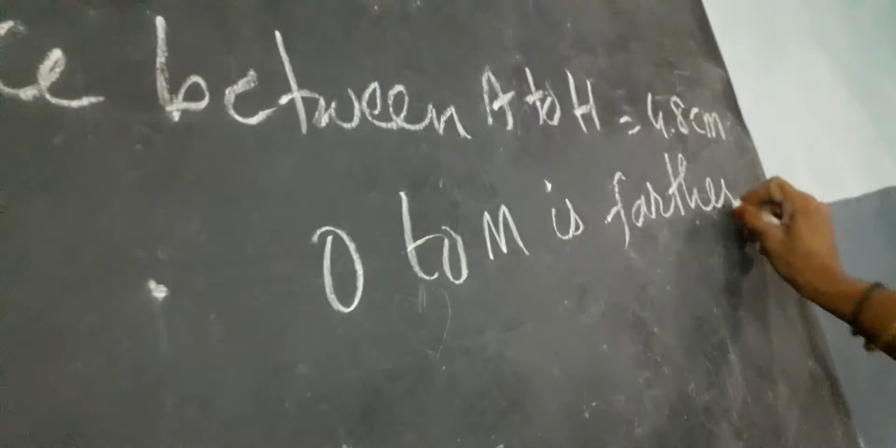Now look at your book, page number 14. It is given that Akbar drew a line. See, it is the Akbar line.